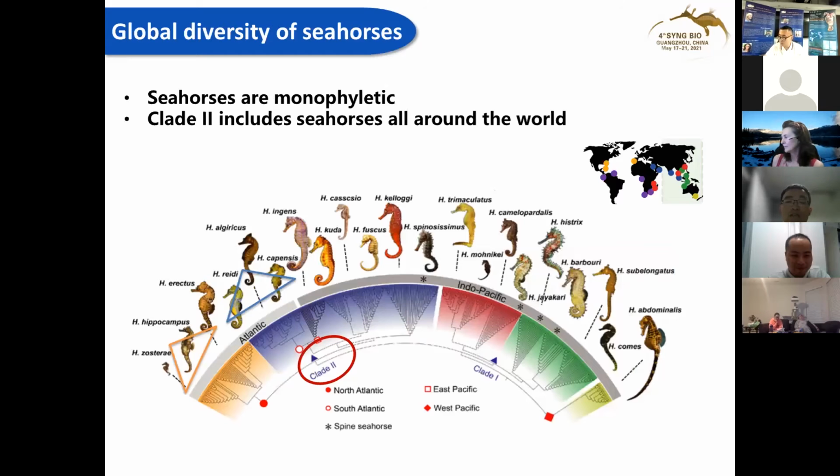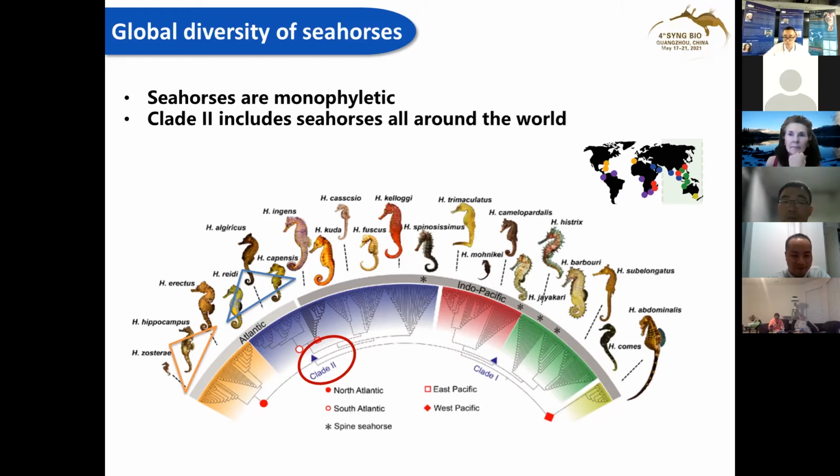Firstly, we got a strong NJ tree based on all the SNP data of all the specimens. And the results showed that the seahorses are monophyletic, and there are remarkably different clades in line with their distribution. For example, the big belly seahorse branched off first, and then two major clades are recovered.